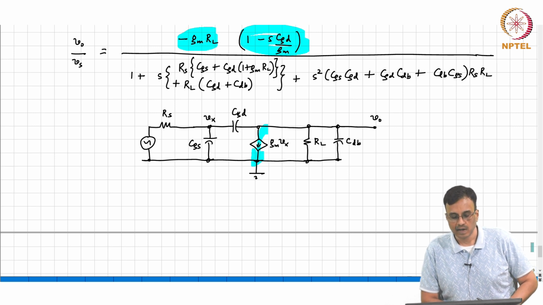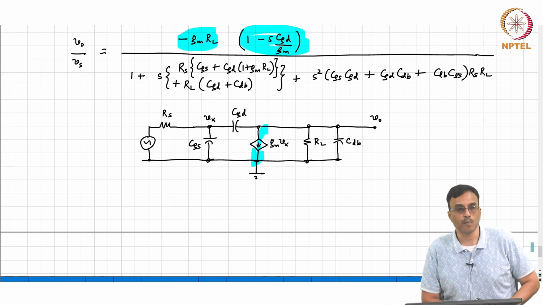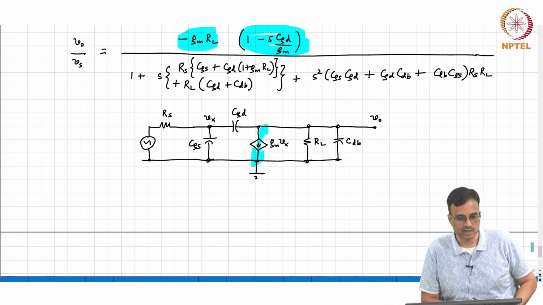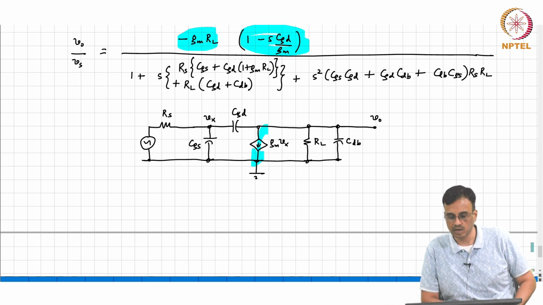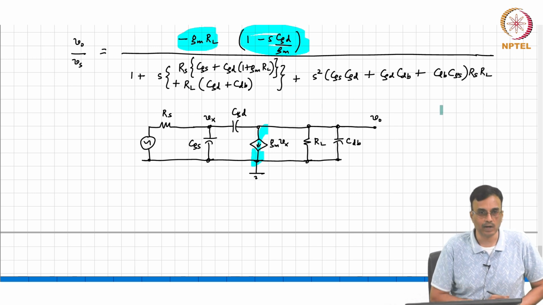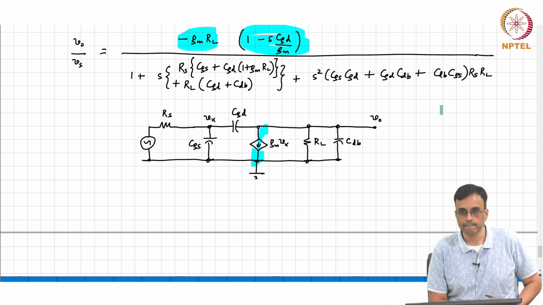So at DC, of course, the denominator evaluates to 1. At slightly higher frequencies, so they're basically not DC, but not very high, which of these 2 terms in the denominator do you think will dominate? Which term will dominate? Yeah.